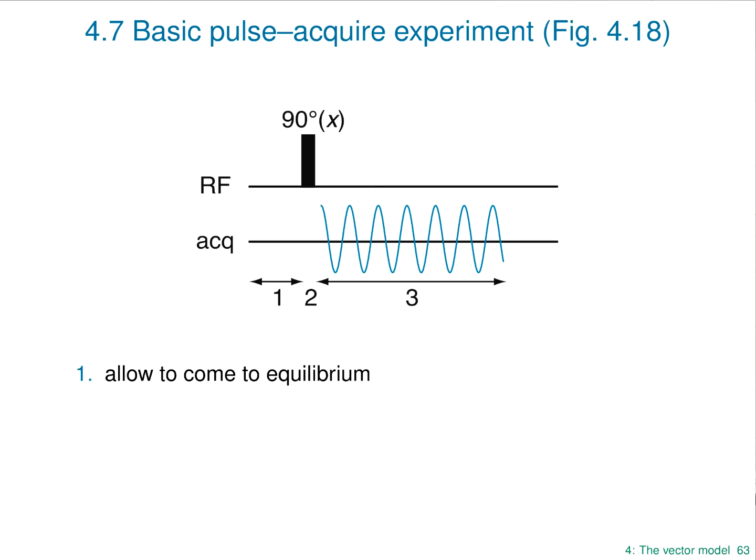First of all, you have to let the spins come to equilibrium, and that might take a few seconds, to allow the magnetization to build up along the z-axis. And then we have a 90-degree pulse, and I'm going to assume that this is a hard pulse, so that will rotate the magnetization from Z nicely onto minus Y.